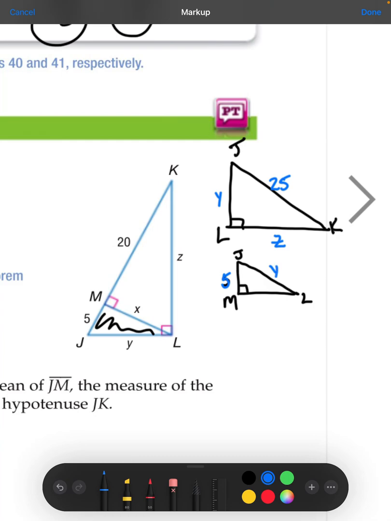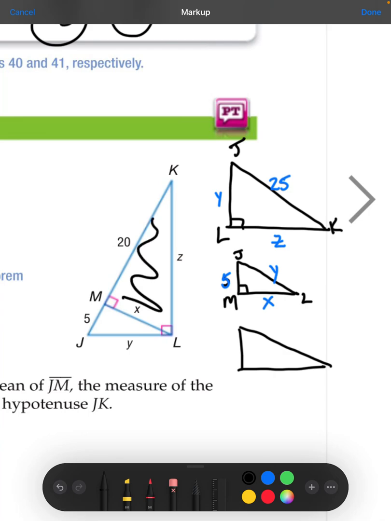And it looks like the hypotenuse of that is Y, and that bottom side is X. Then the last one, but surely not least, is the medium-sized triangle, which would be this one. M is at the right angle. I always find the right angle first, and then the hypotenuse of that is Z, so that means that this is L and K. I should have put this as Z. And LM is X, and MK is 20.